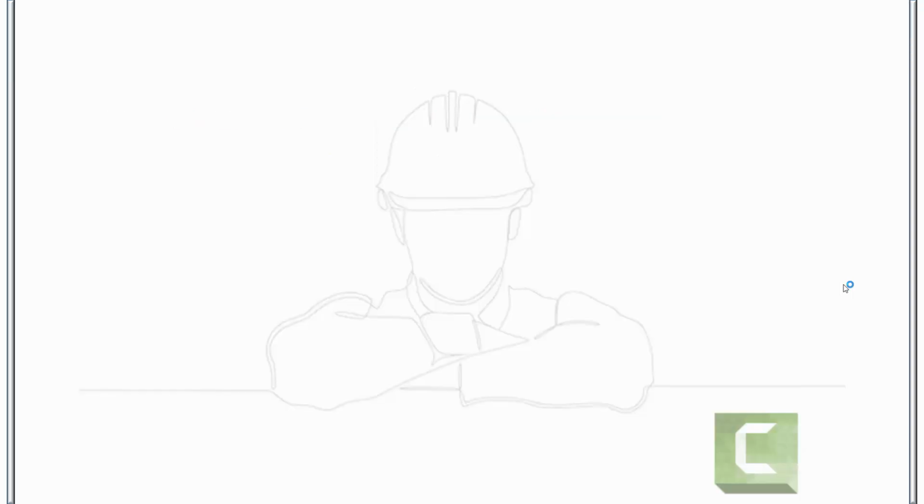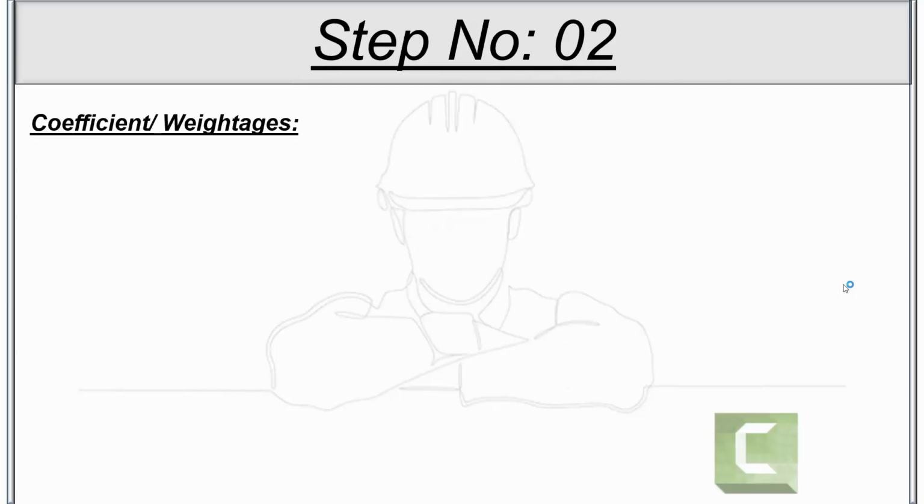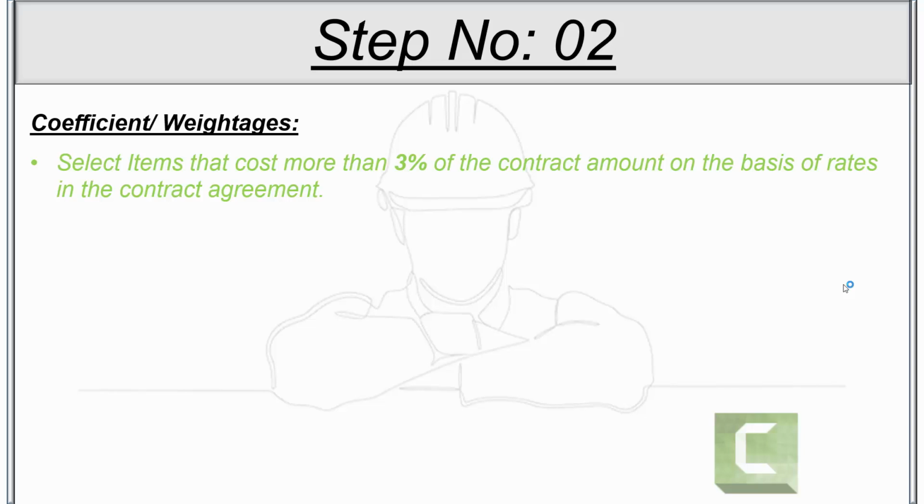In step number two, we will find coefficient weightages. First of all, list all the items which you think cost around 3% or more of the total project cost. Select items, not activities. For example, concrete is an activity, so you can't take concrete for a price escalation coefficient.